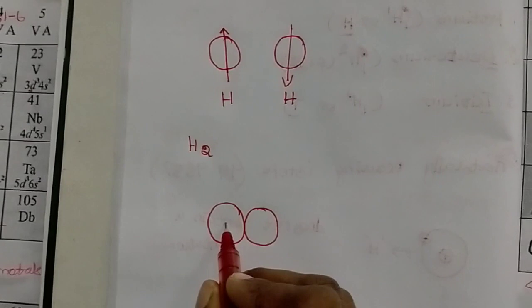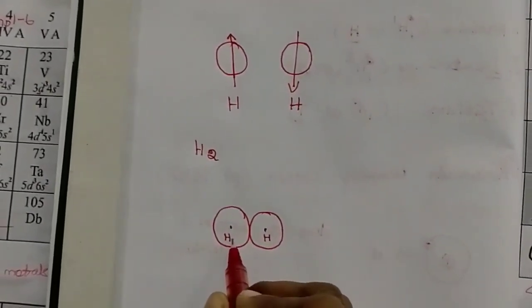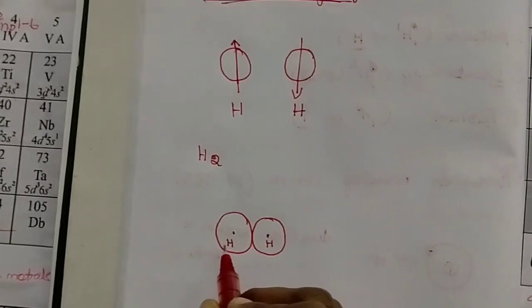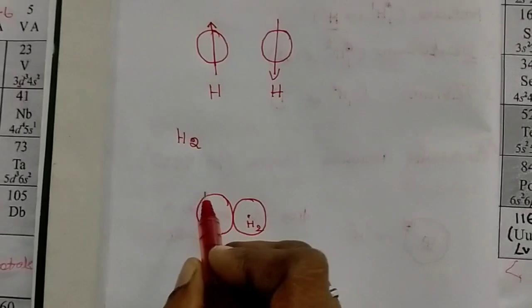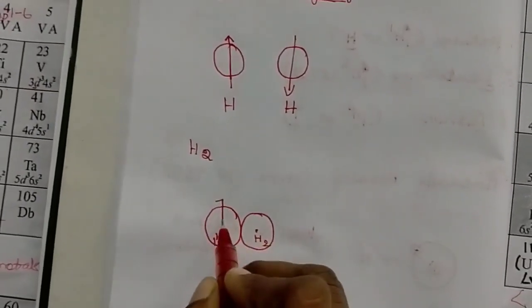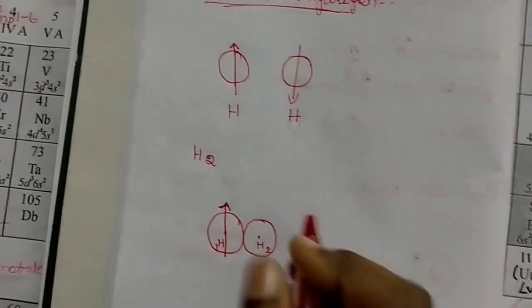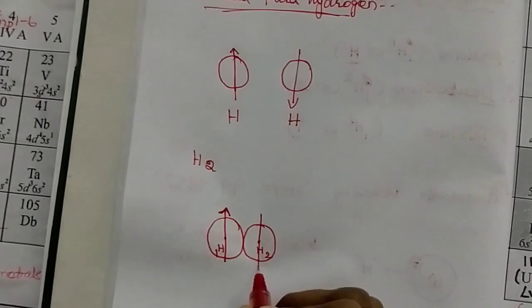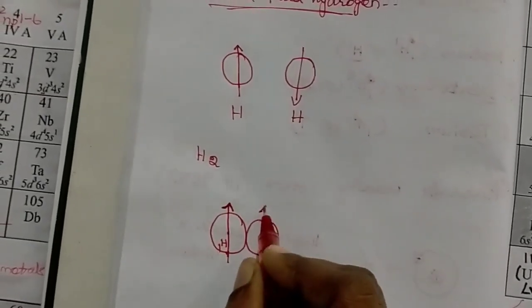Molecular hydrogen, H1, H2. Now, the nucleus of this hydrogen always has a spin. So we can give the possibilities of spin in this hydrogen molecule.